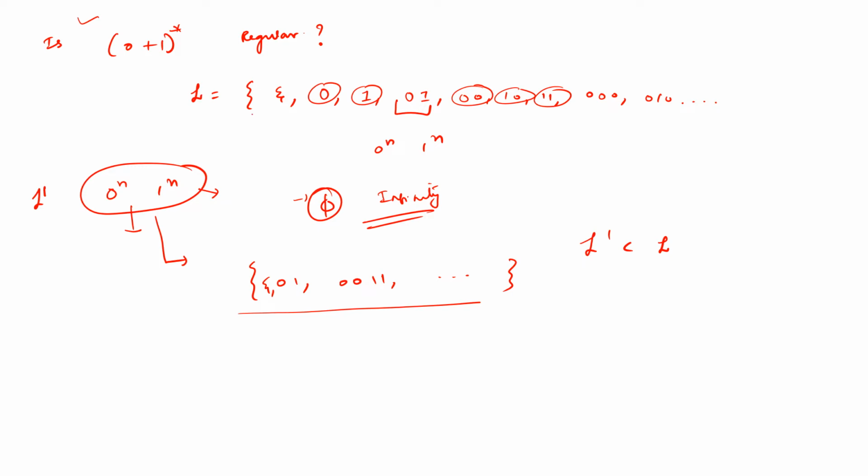Because see the universal language that we saw last time when we designed the complement of a language, we constructed a notion of the universal set omega. Do you remember? We can construct a DFA for that universal set. And what was the universal set? We saw that the start state will be the end state, and you will have self loop transitions for all symbols belonging to the symbol set.